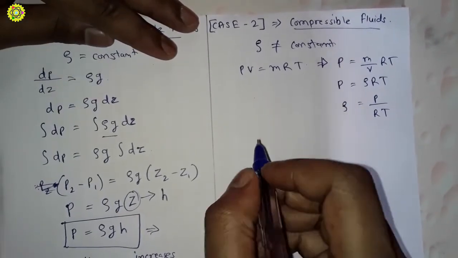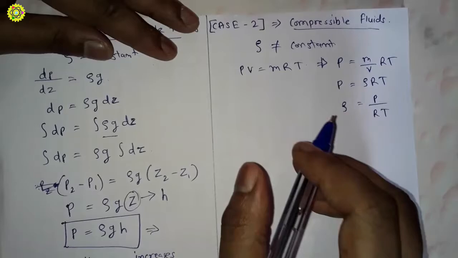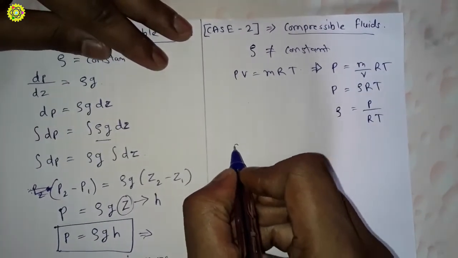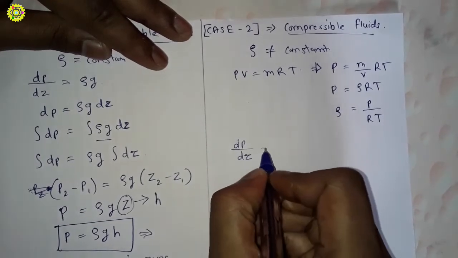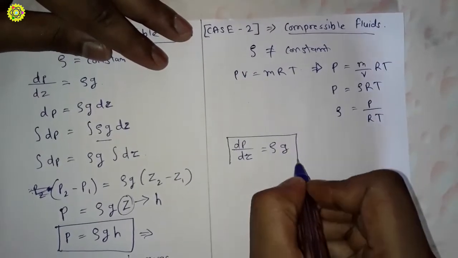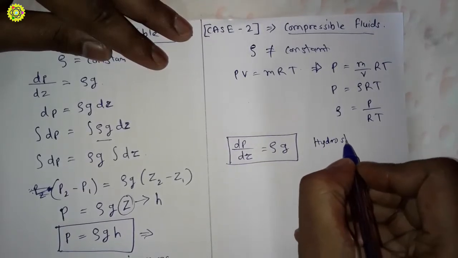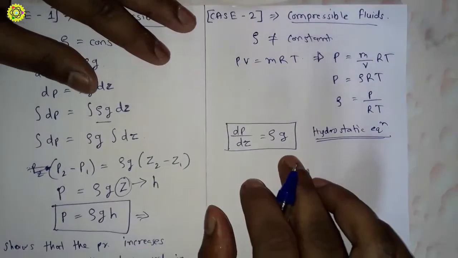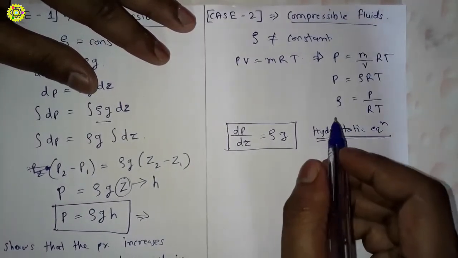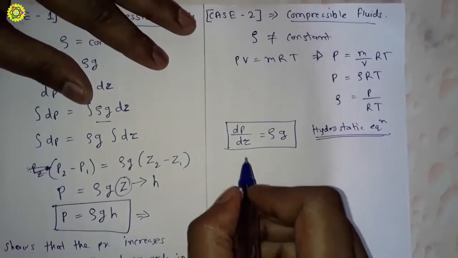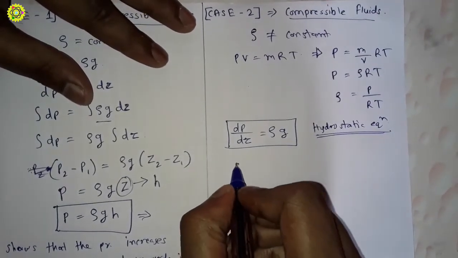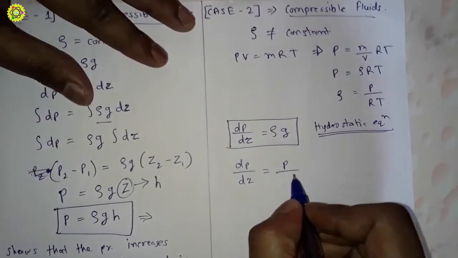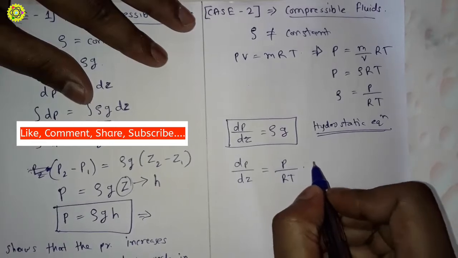Let's now take our hydrostatic law. This is the hydrostatic equation, that is dp upon dz is equal to rho g. So now let's put the value of rho in this equation. We have dp upon dz is equal to p upon RT into g.